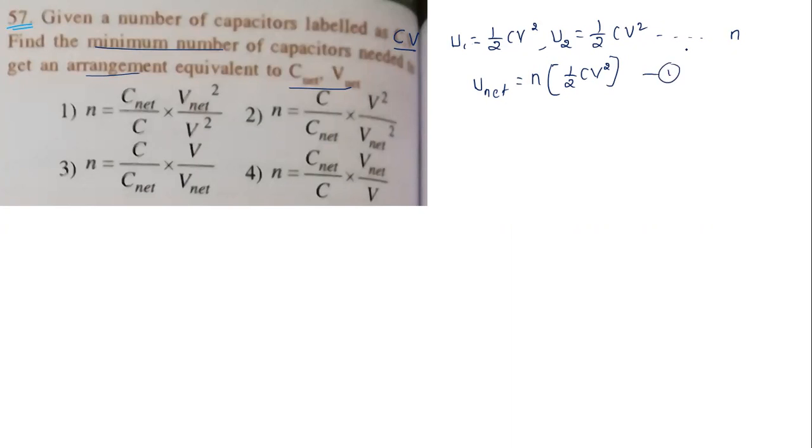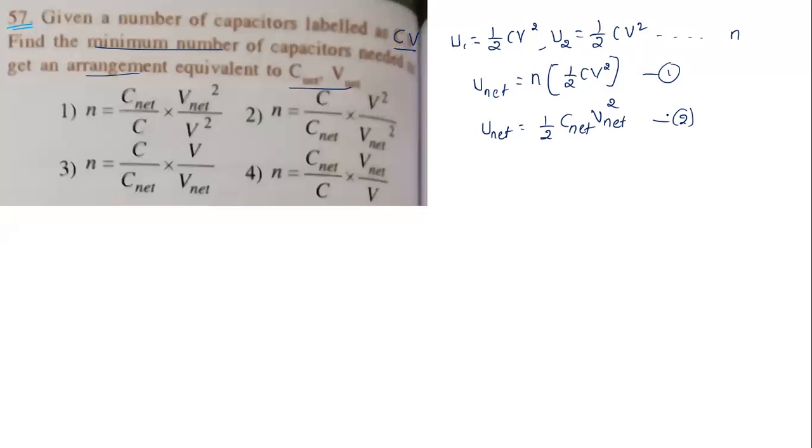If I replace all these capacitors by the effective capacitance, then the net energy will be half C net V net square. Initially they were individual; we added them and got equation 1. Now for equation number 2, I replace all the capacitors by a single capacitor.